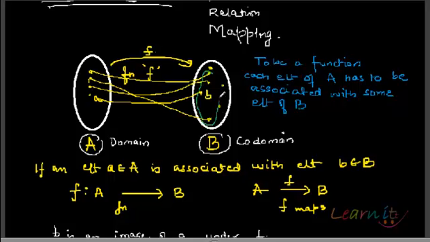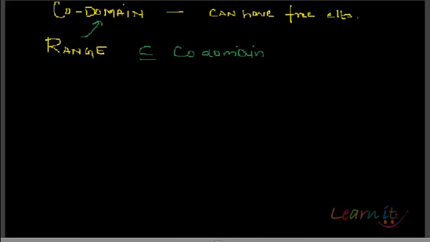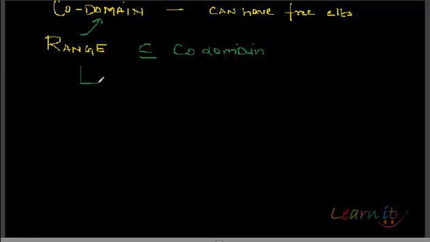It will be a subset of the codomain. It's not the complete codomain, though it can be in certain cases the complete codomain, but it will be the set of all images, which will be a subset of codomain.